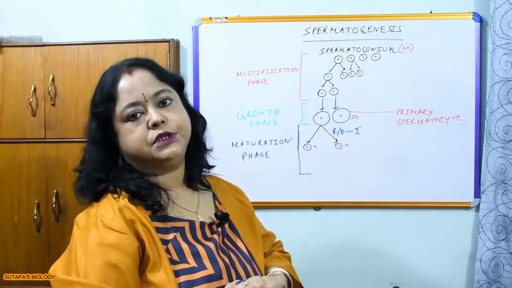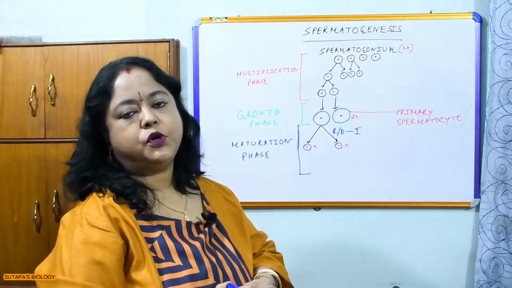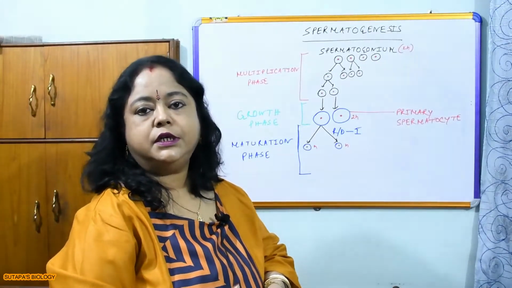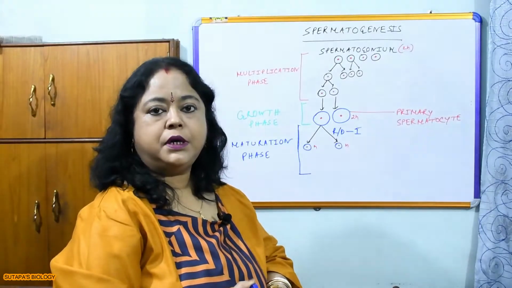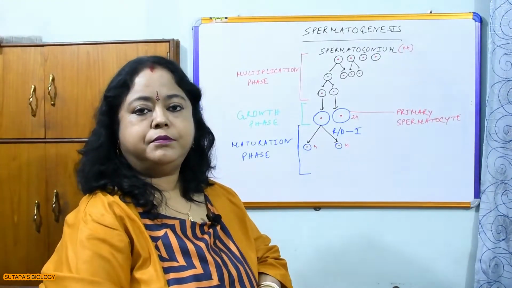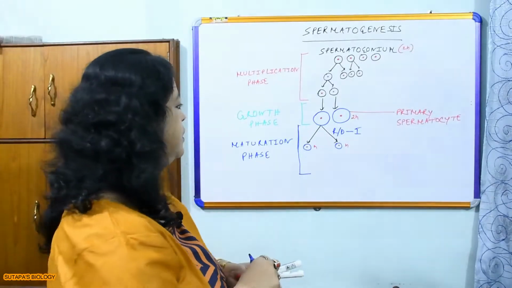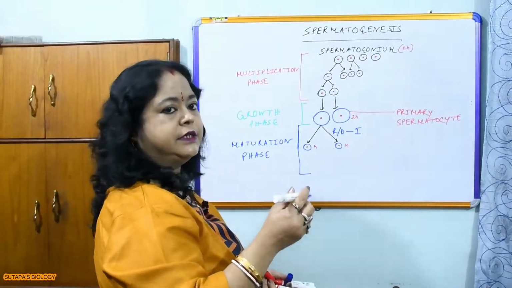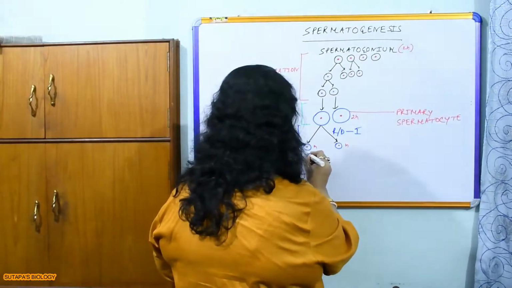is the equational division. Reduction division 1, that is meiosis 1, is the reductional division, as the chromosome number gets reduced to half, but reduction division 2 is equivalent to equational division, like mitosis.